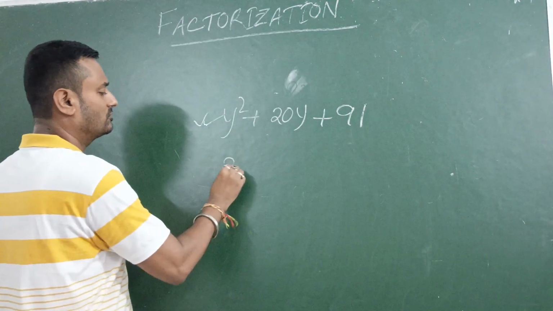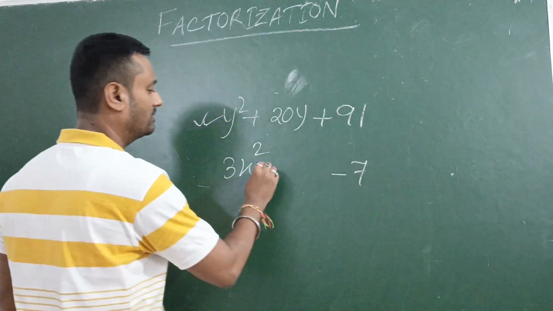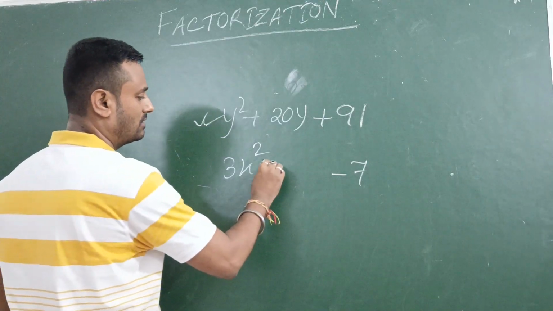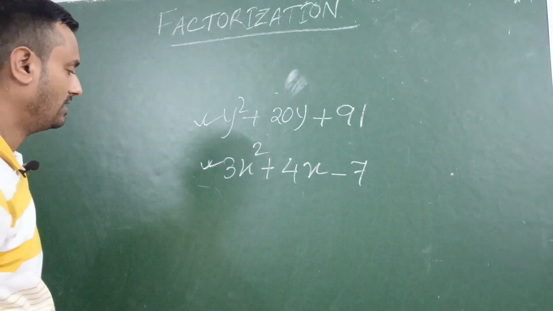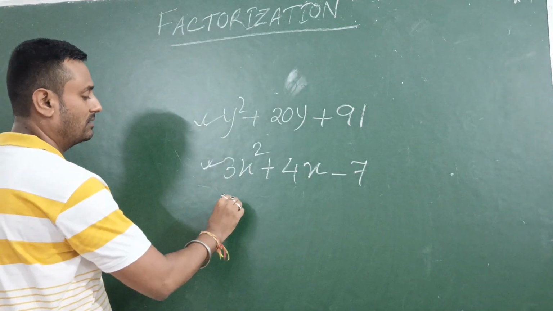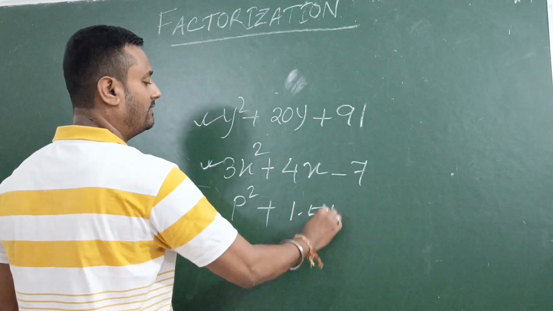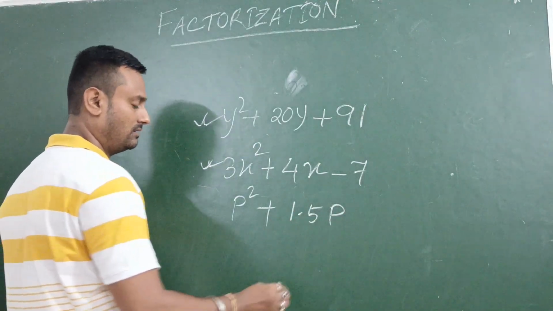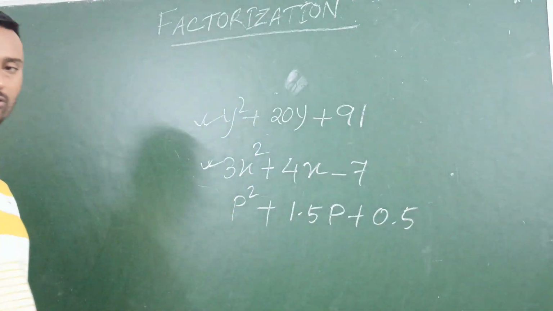And suppose 3x square minus 7x plus 4, you can solve this one. And you can solve another question also: p square plus 1.5p plus 0.5. You can solve this question also.